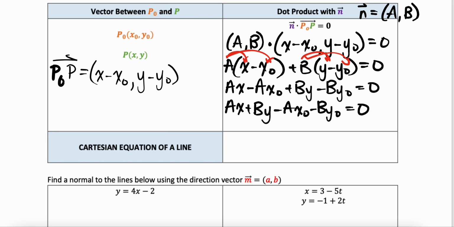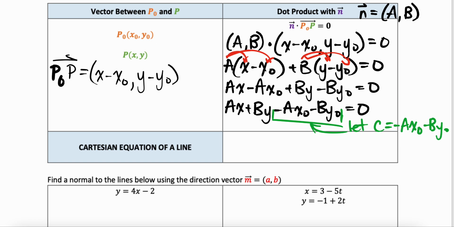I can represent this last part of my formula by letting C equal that expression, so C equals minus Ax0 minus By0.